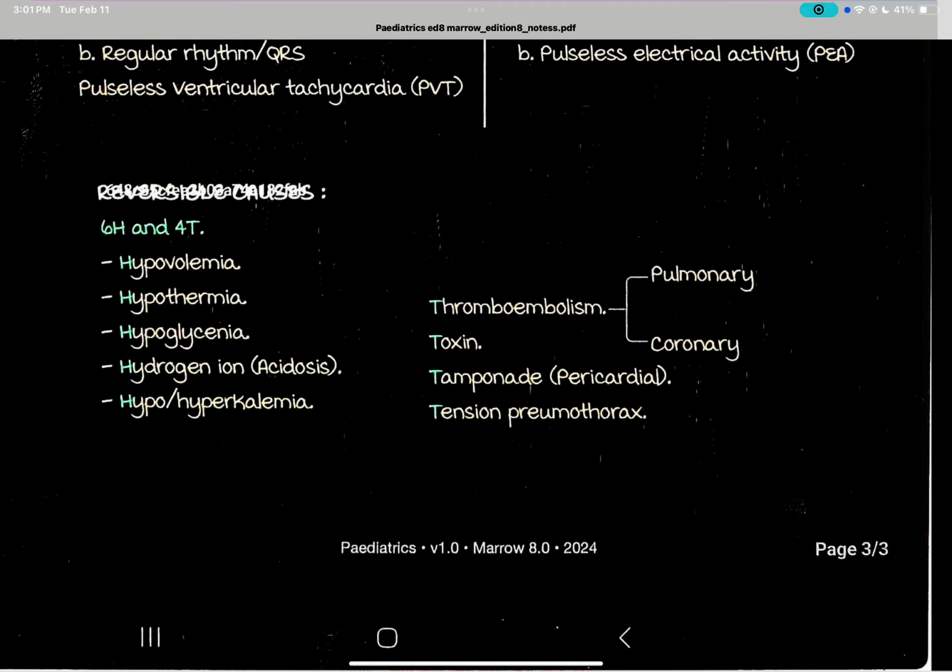Toxins, thromboembolism, either pulmonary or cardiac, tamponade, cardiac tamponade, and tension pneumothorax.